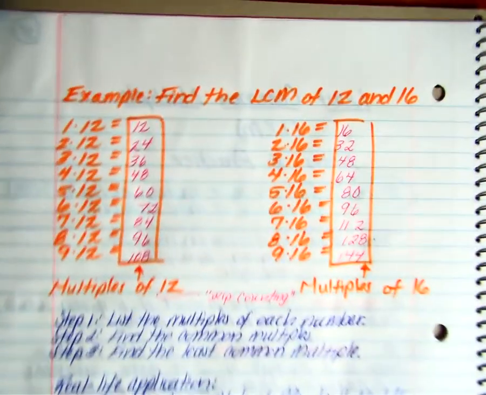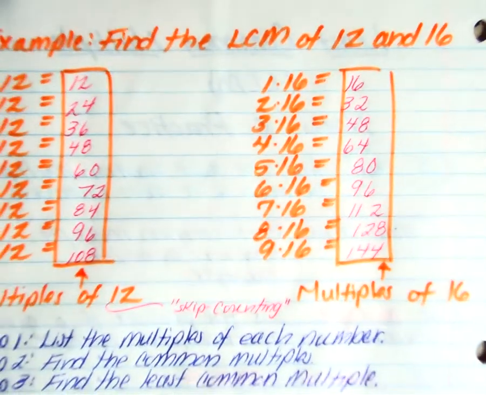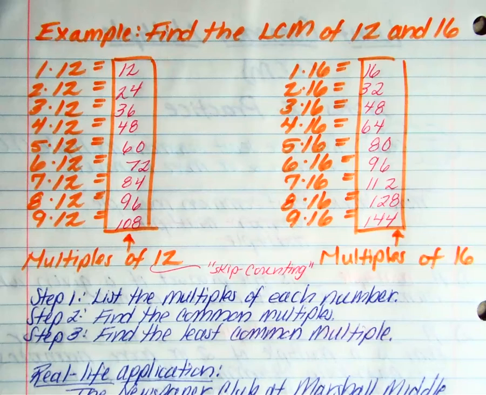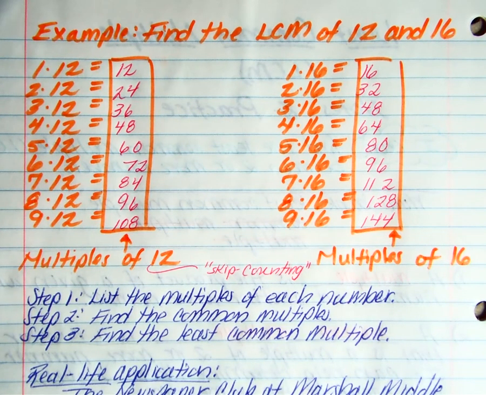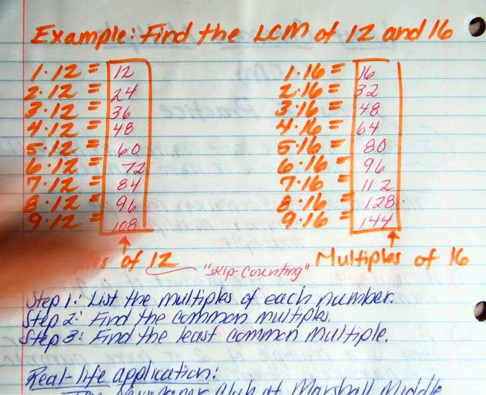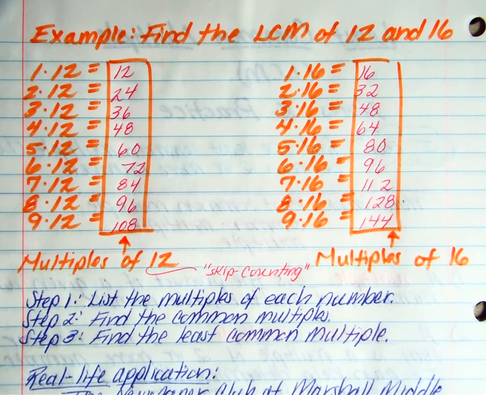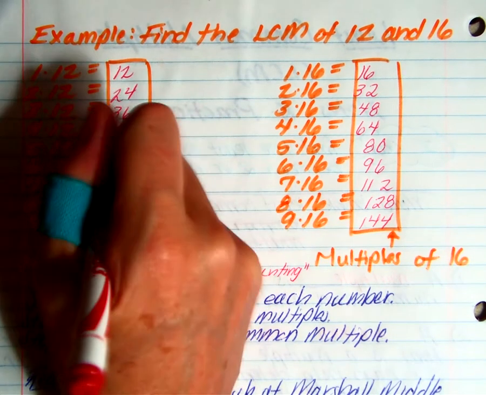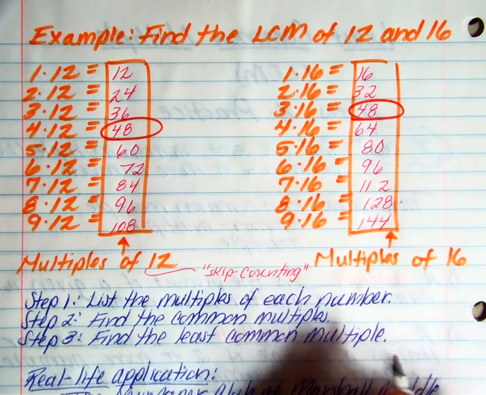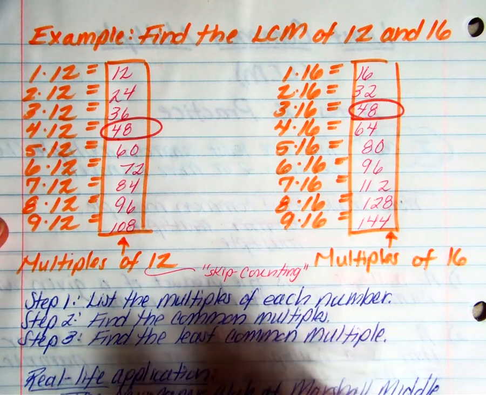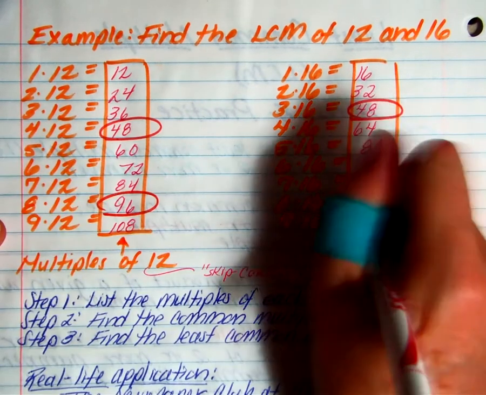Let's zoom in on this a little bit closer. The next thing we need to identify are common multiples. Find where they overlap. When do they have the same number? And it doesn't have to be in the same place on the chart, just has to be the same result on the chart. For example, they each have 48. And then again, they each have 96.